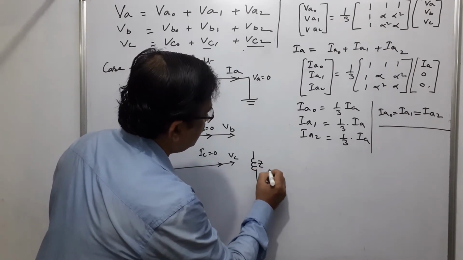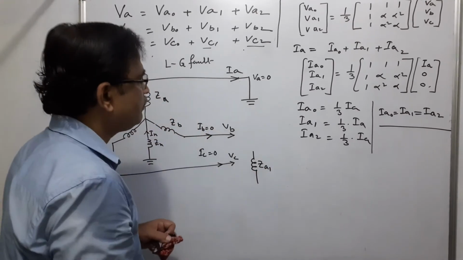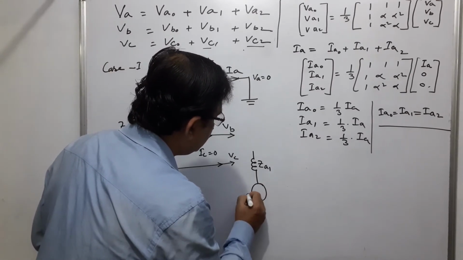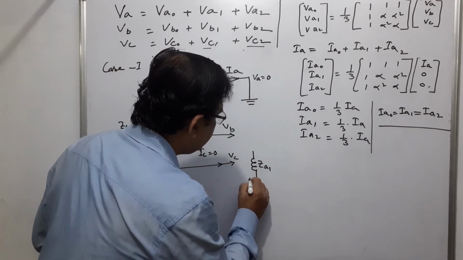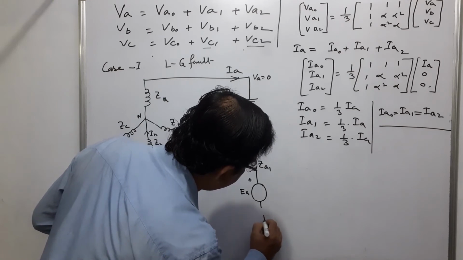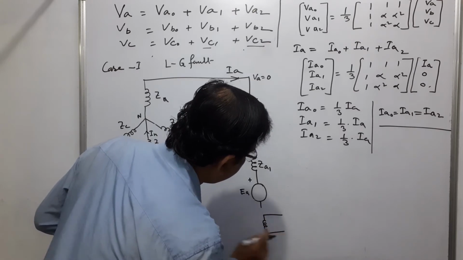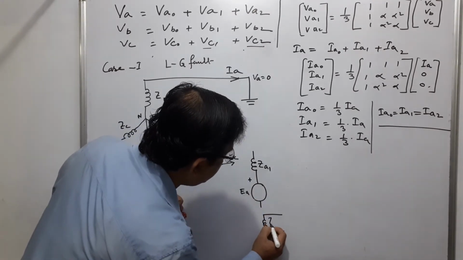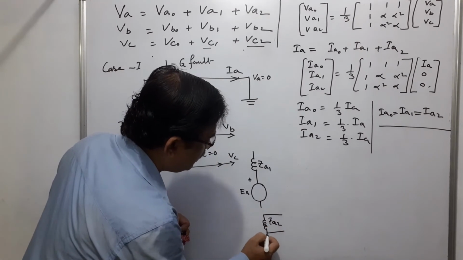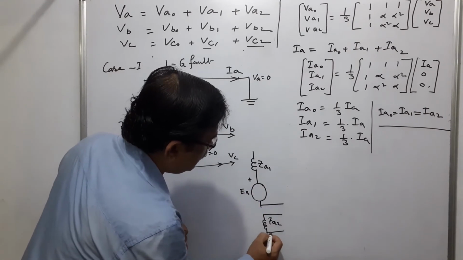This is ZA1, this is EA, and this is ZA2, the negative sequence, no voltage, so it will not be there.